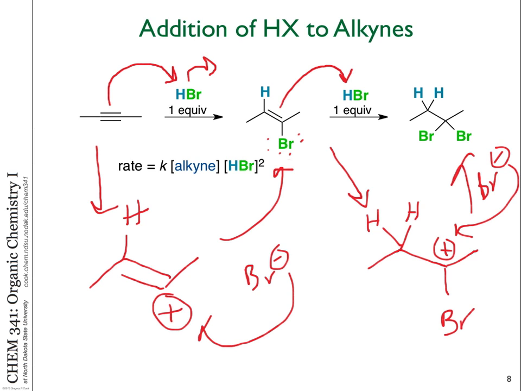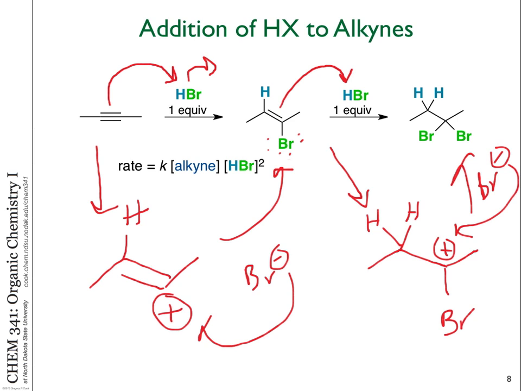That's interesting. Why would we need 2 molecules of HBr in the first step? So overall, the order of the reaction is 3. 2 HBr's, 1 alkyne. Interesting, huh? What that means is that the second step is normal, only 1 HBr, but the first step requires 2 HBr's.